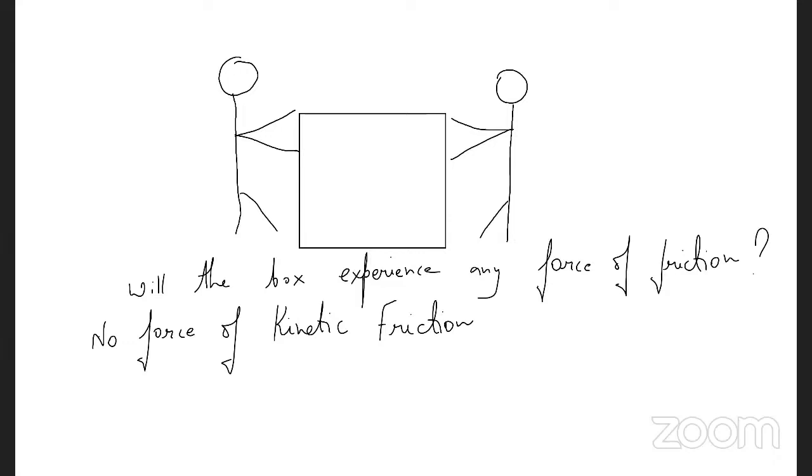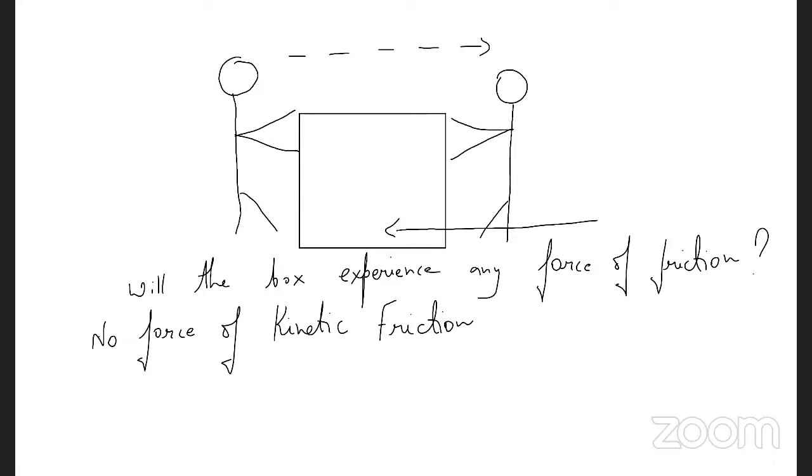Suppose the box was moving in this direction, kinetic friction would be applied in this direction. So it occurs when an object is in motion and in contact with another surface.